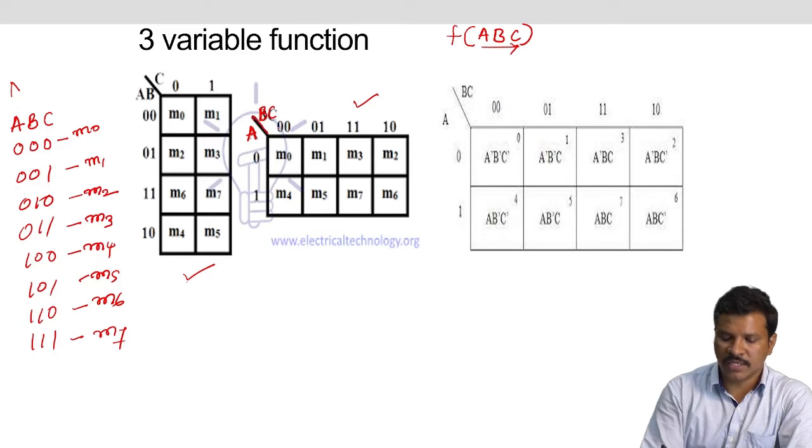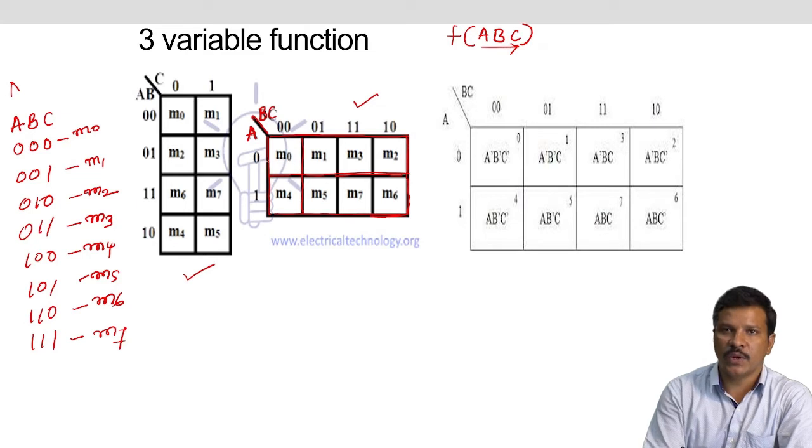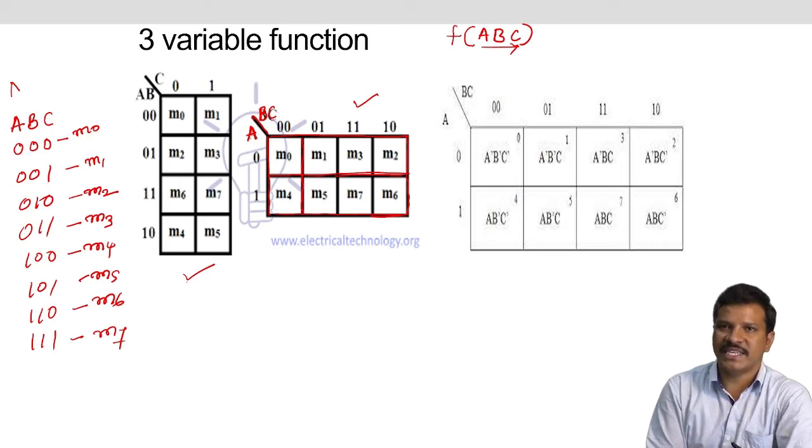This K-map, Karnaugh box, can represent a 3 variable function in 8 square boxes. The 8 square boxes can be divided in such a way that we can take 2 rows and 4 columns, or 4 rows and 2 columns. Let us consider this 2 rows and 4 columns. On the row side we take 1 variable A, and on the column side we take 2 variables BC.